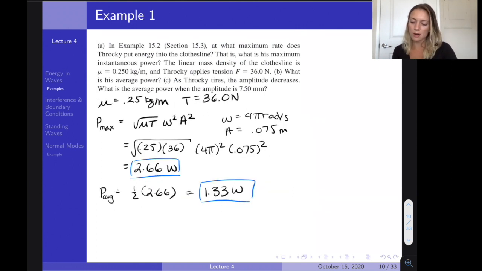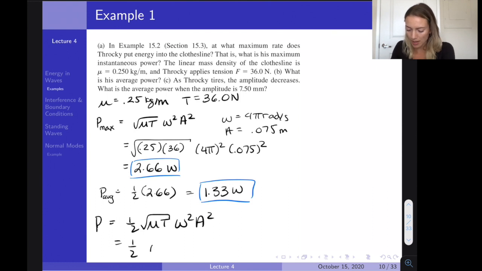All right, and then for the last part, as Throcky tires, the amplitude decreases. What is the average power when the amplitude is 7.5 millimeters? So we can just use the equation we've been using. Now we'll call this P. We have 1/2 the square root of mu T, omega squared A squared. And we can just plug everything in the same as before, except our amplitude will be different.